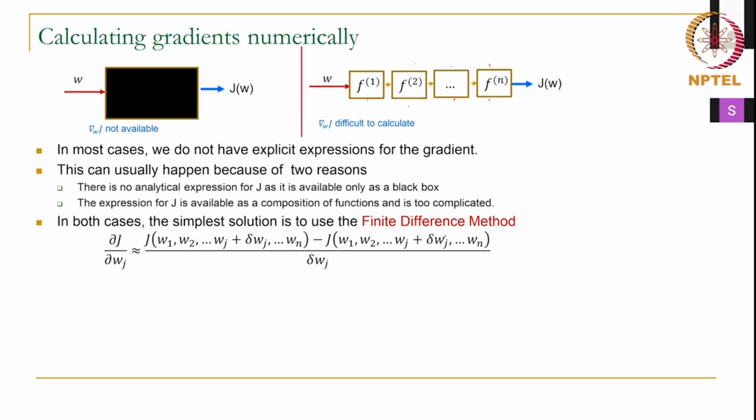Now, this is the simplest way, but this is not necessarily the most efficient way. The reason is that in a neural network, even in the simple neural networks I showed you, you will have close to 100 weights. Now, for each iteration, you will have to perturb each weight. Because W0 has to be perturbed to find out del J del W0. W1 has to be perturbed to find out del J del W1.